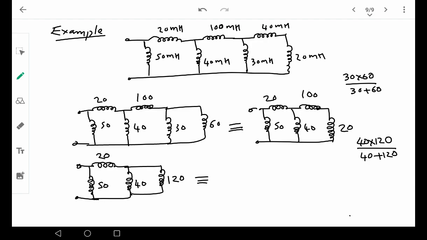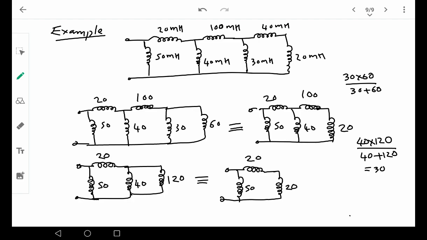It will be 30, equal to 30. So we will have this as 20, 50, and this is 30, right?